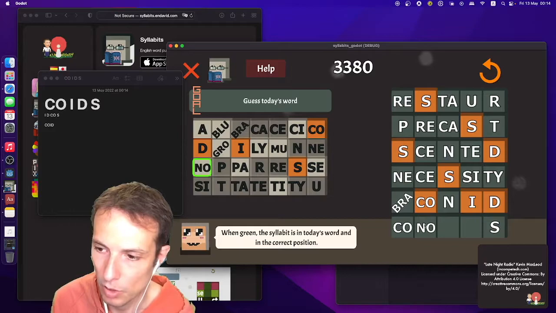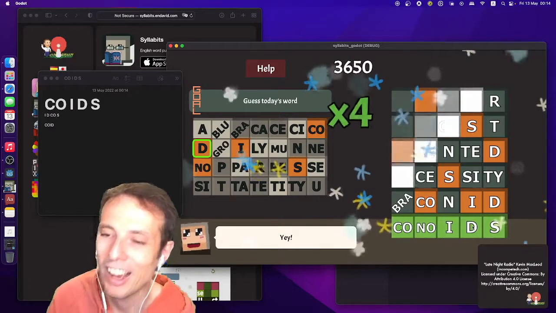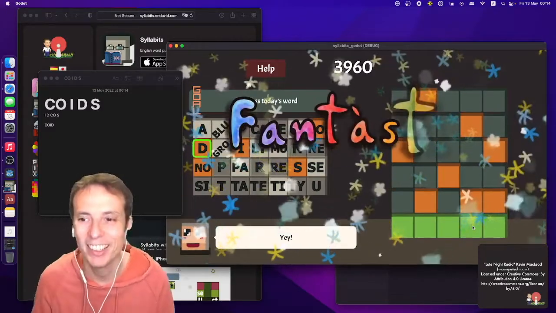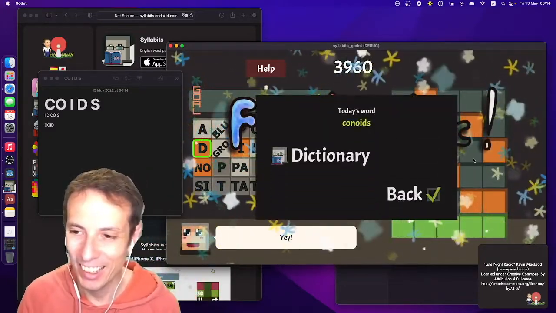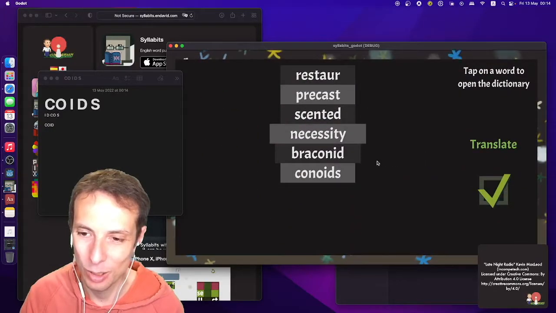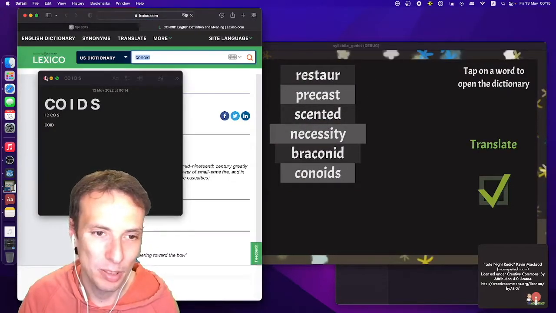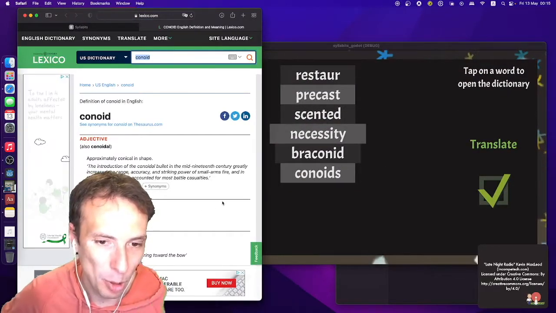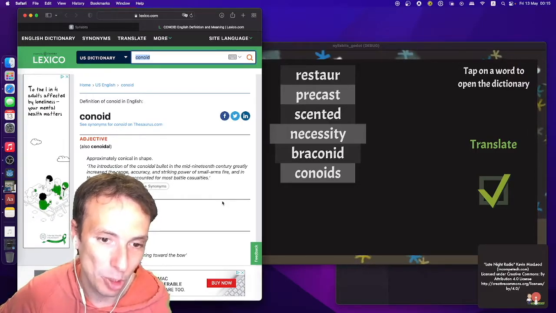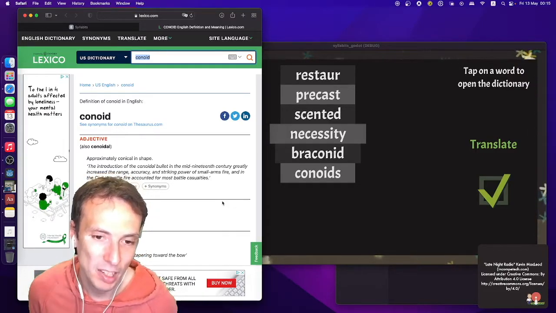From a cone, with the shape of a cone. I got it. Conoids. Yeah, approximately conical in shape.